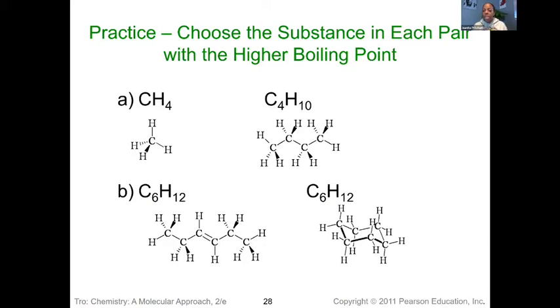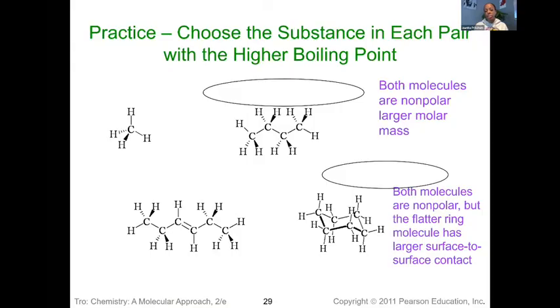Now, in the second example, where we're dealing with C6H12 and C6H12, we can no longer simply rely on the molar mass to figure this one out, because they have the same molar mass. So what are we going to look at? In this case, we're going to look at the surface area that's being exposed. The picture may be a bit hard to tell, but the ring structure, that cyclohexane structure, actually has a greater surface area being exposed.